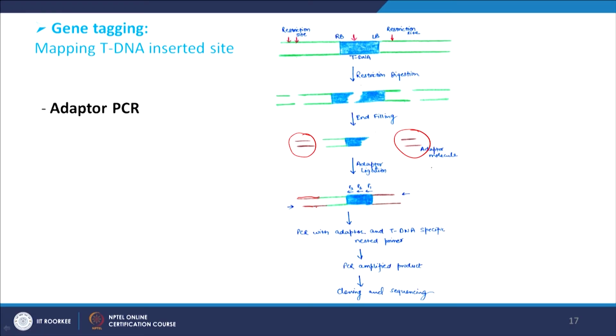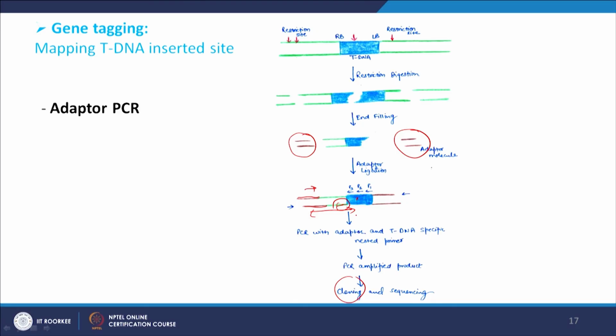Since you know the adapter sequence, you can have a primer specific to the adapter sequence, and since you know the tDNA sequence, you can design another primer and do the PCR amplification. Take this fragment, clone and sequence it, so you can identify what sequence this is, and based on this you can position it in the plant genome.